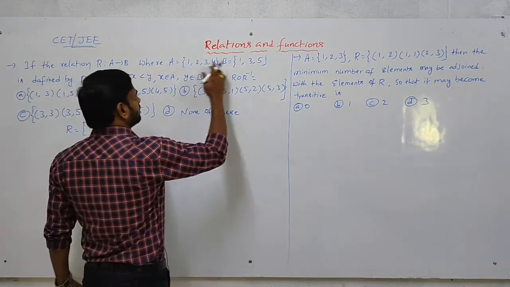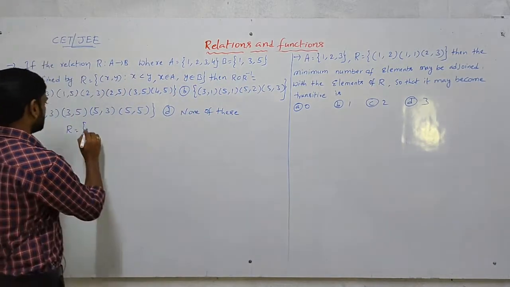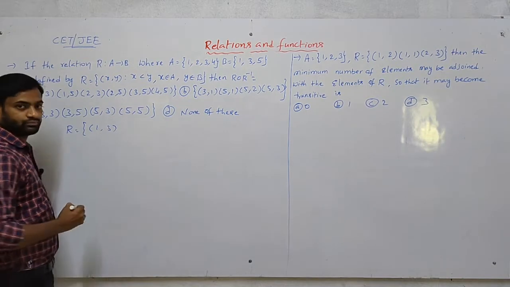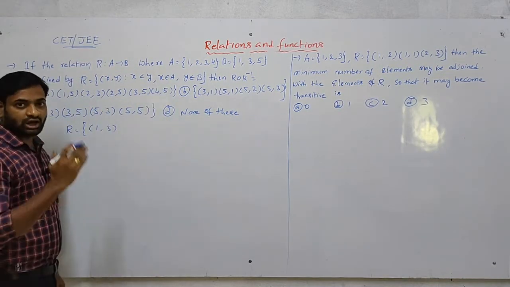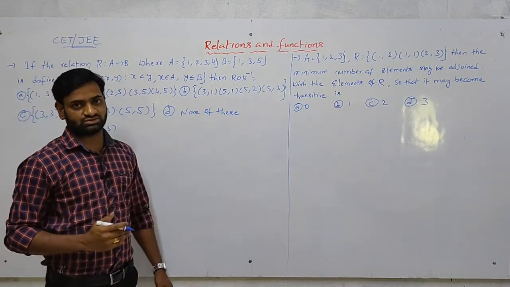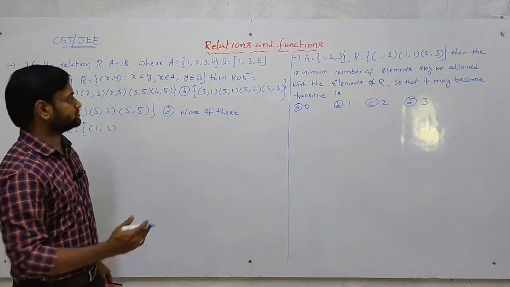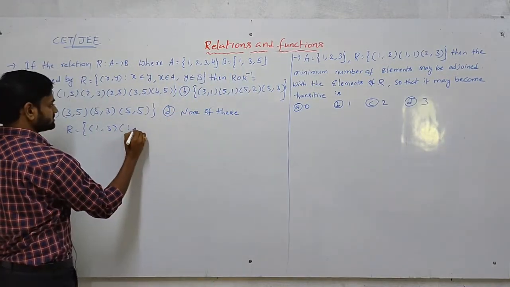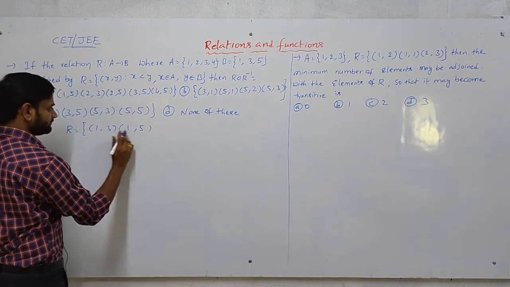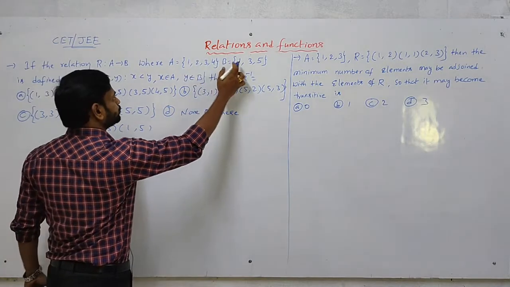Next, 1 comma 3 I am taking. Yes, 1 less than 3. Correct. I am taking the ordered pair 1 comma 3. It means x values, first values, are always less than the second values. Next, 1, 5. Yes. 1 is less than 5. Correct. Next, with 2, 2 comma 1, can I take?